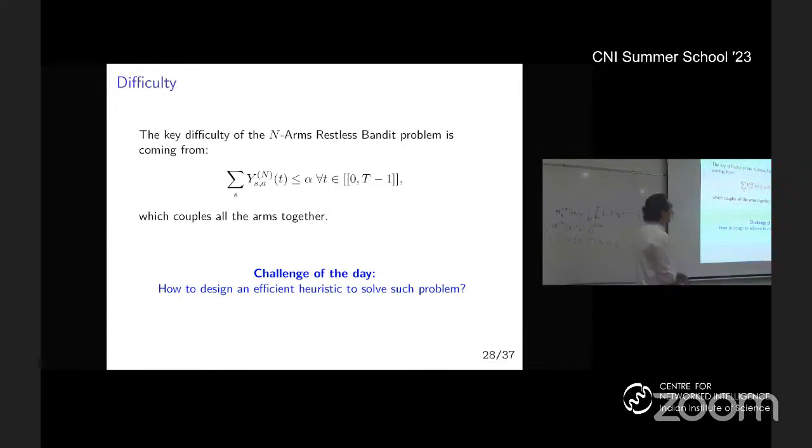The problem with this constraint is, first of all, try to write this event. You will see that it's just a product of probabilities, it's horrible.